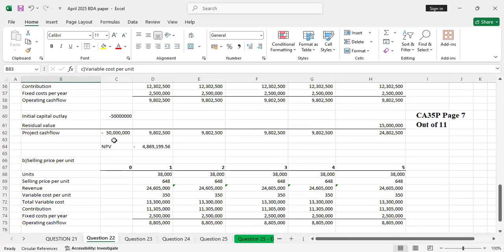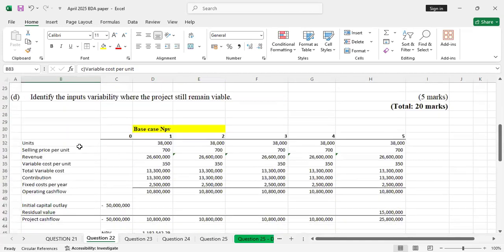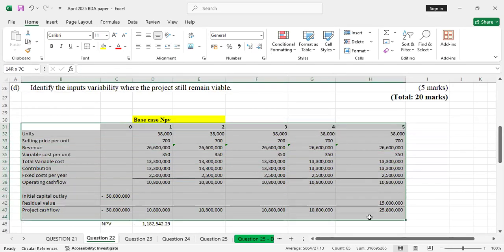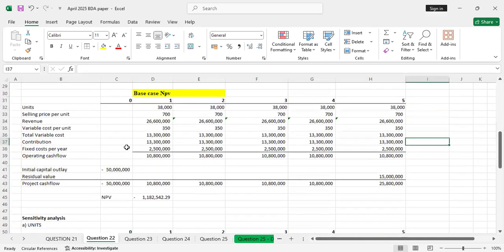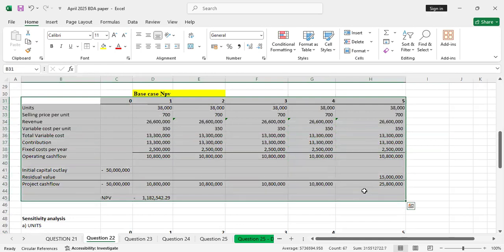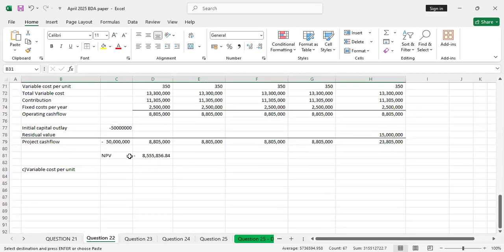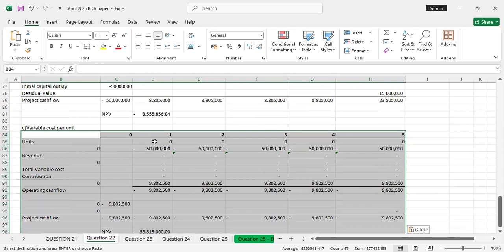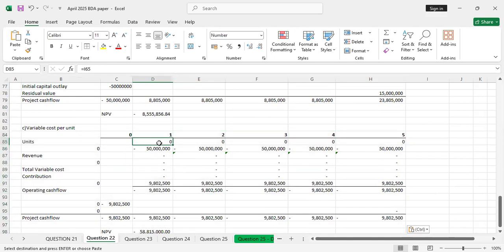I'll copy the original, the best case NPV. You copy that, say Control C, then we'll also say Control V to paste. Yes, the units copy from the original.